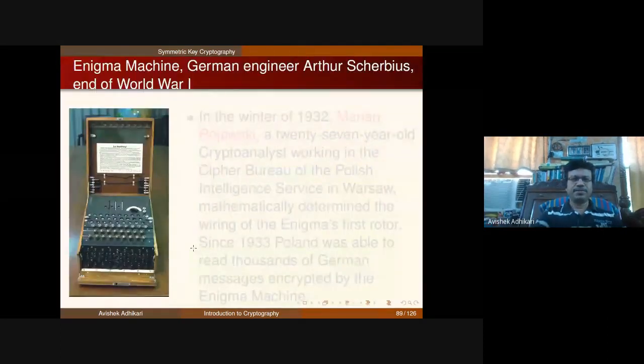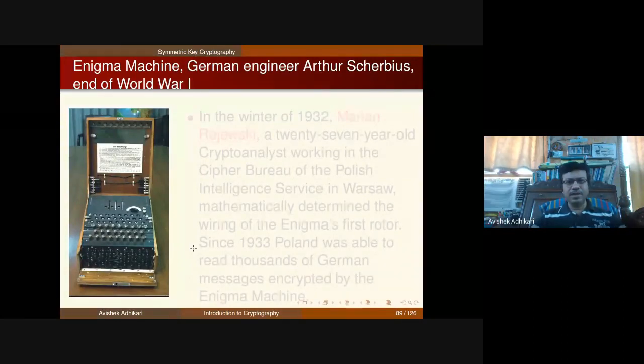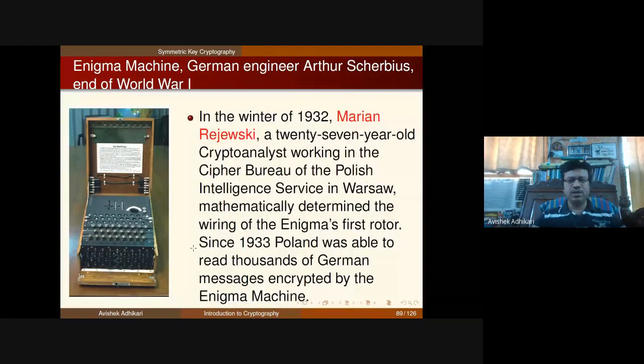Okay. So as I mentioned, there are plenty of attacks in the history of World War One. There was another machine which was known as the Enigma machine. This Enigma machine was actually made by the Germans, and the Germans were very proud of that machine. They thought that nobody could break it.